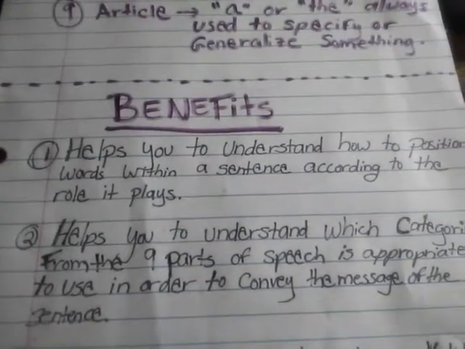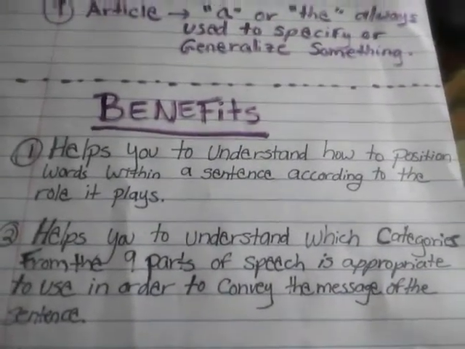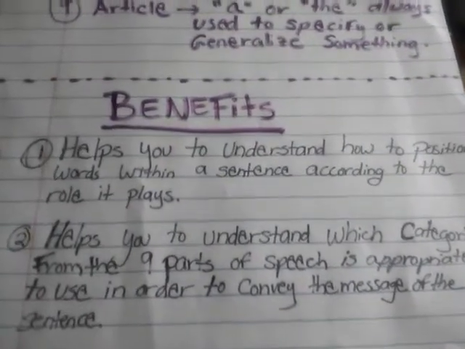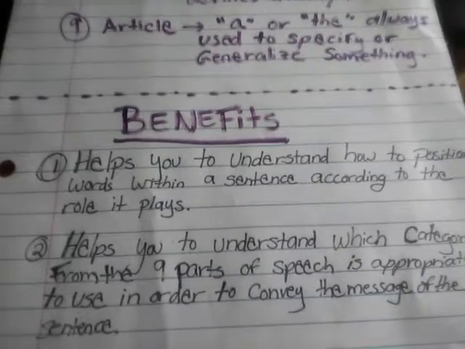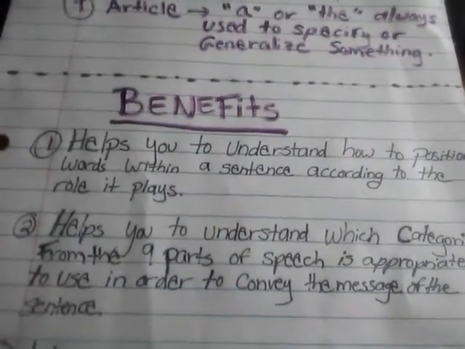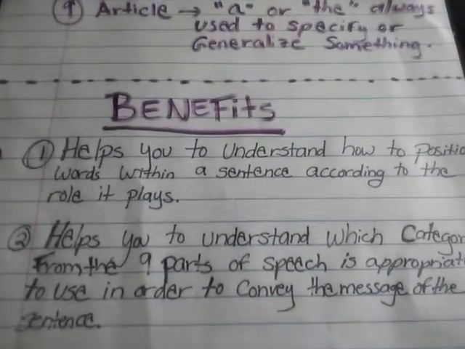This is very important to know and understand, because each category makes a big deal within a sentence. And if you know the role of each of them and you know how to position it, then you'll be able to explain correctly the message that you're trying to convey in the sentence.